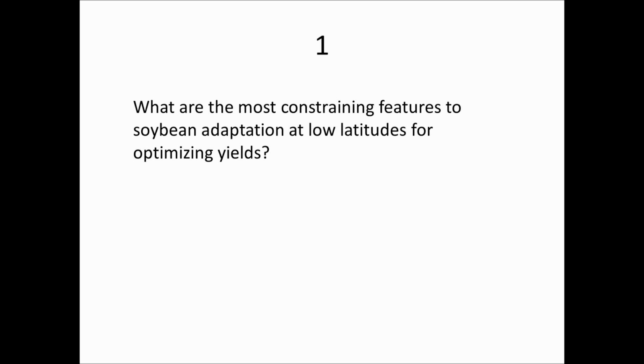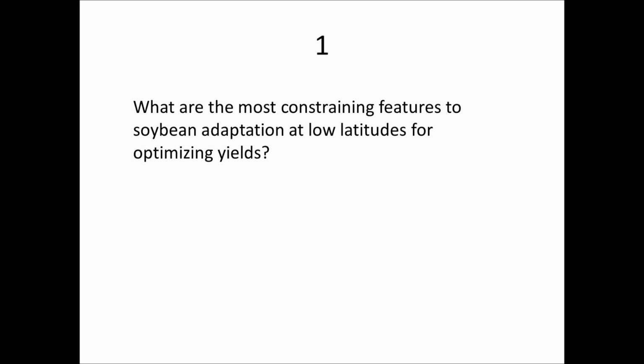So the first question I want to try to discuss is, what are the most constraining features to soybean adaptation at low latitudes for optimizing yields? And from what I've heard today, things that I hadn't been thinking strongly about much earlier would have been things like plant height and node number as potential avenues for getting a better molecular understanding that we might be able to breed for in the low latitude environments.